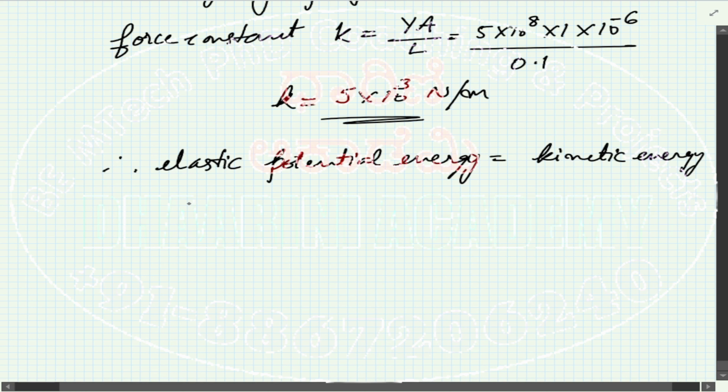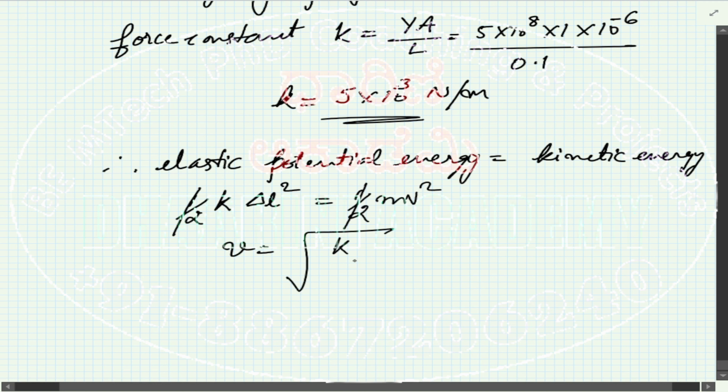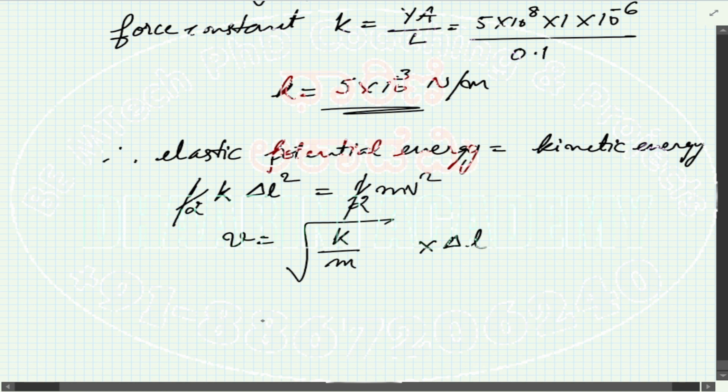Elastic potential energy is half k times delta L squared, which should be equal to half m v squared. So half gets cancelled. My intention is to calculate v, so v becomes root of k by m into delta L. So I just have to substitute this to get the answer.